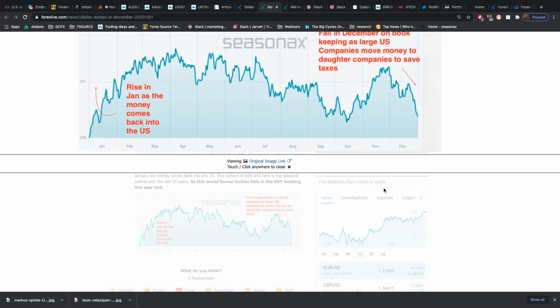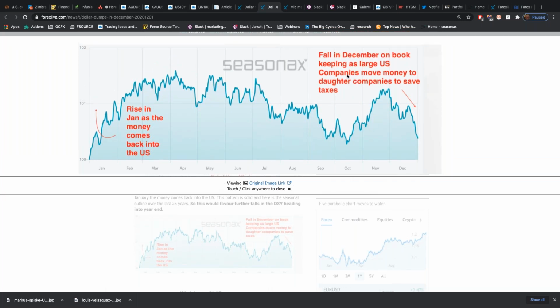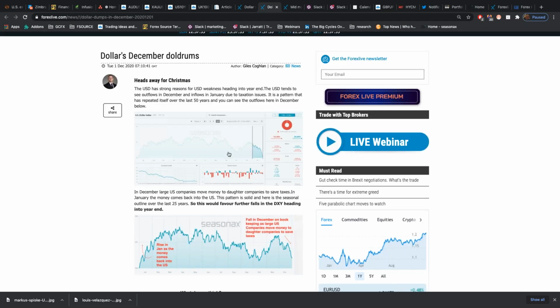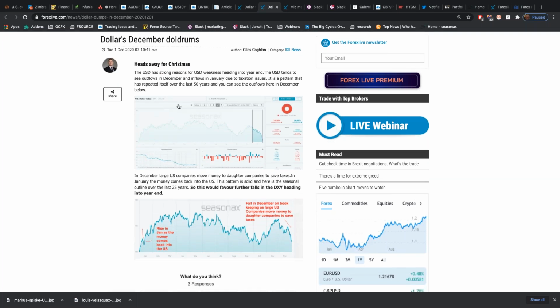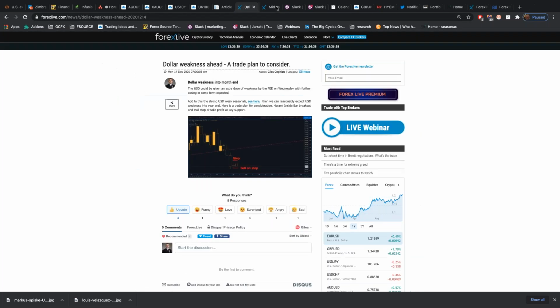Essentially, what happens is that bookkeeping companies and large US companies move money to daughter companies to save taxes at the end of December. So over a 50-year seasonal chart, what you see is the dollar index falls into December and rises out of January. So as the US dollar is heading towards Christmas, the seasonals would anticipate dollar weakness.